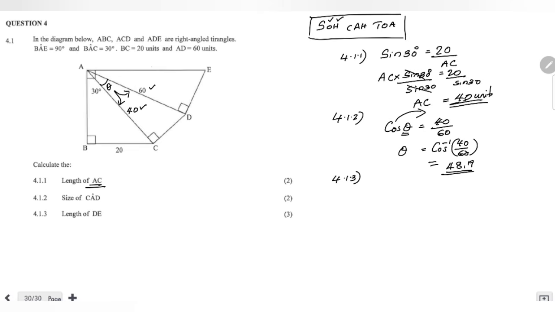4.1.3. What is that? Length of DE. DE is on the third right angle triangle, isn't it? At this stage, what is available on that right angle triangle? One side, that is 60, is available, isn't it? Nothing else, okay? Only 60 is available, no other items are available.